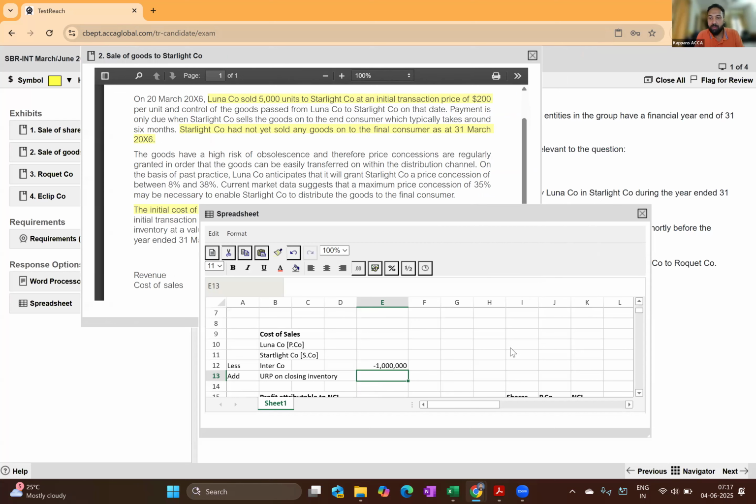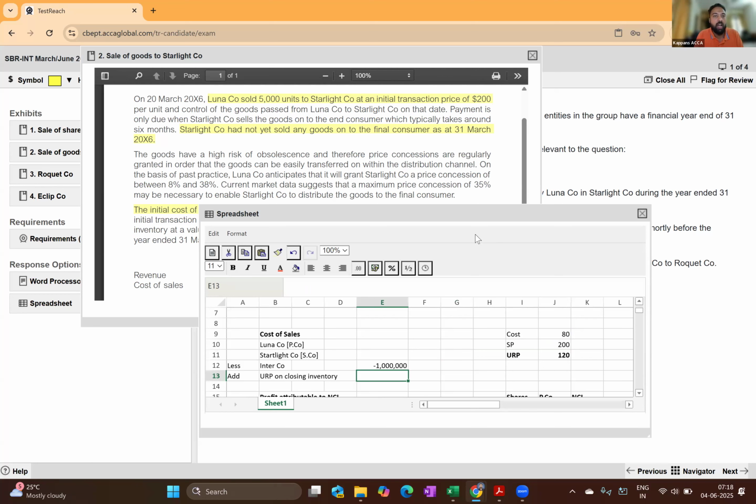So parent company, I'm just scribbling it here. Parent company is acquiring this inventory at a cost of $80, and parent company is selling this at a selling price of 200. So there is a profit, which we can say unrealized profit because it is between parent and subsidiary company. So 200 minus 80, unrealized profit per unit is 120.